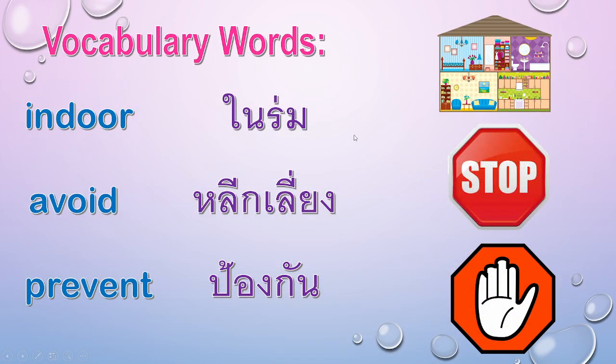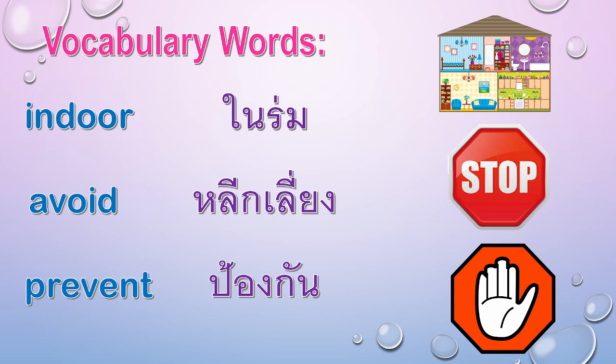Next, we have avoid. Avoid is the same as stop, prevent, right? They are almost the same, avoid and prevent. It means what do you have to do to stop this from happening? What do you do to avoid? It means to stop so that electric shock will not happen to you.